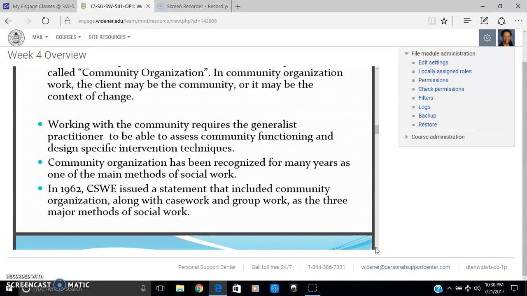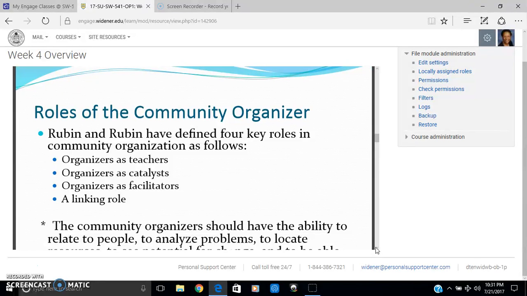Working in the community requires the social worker to be able to assess community functioning and design specific intervention techniques. And since 1962, the Council on Social Work Education has issued a statement about community organization along with casework and group work as the three major methods of social work.